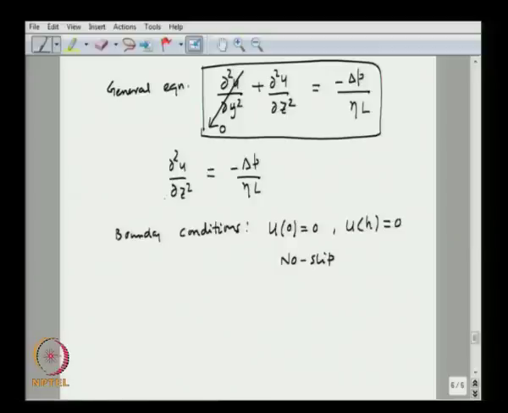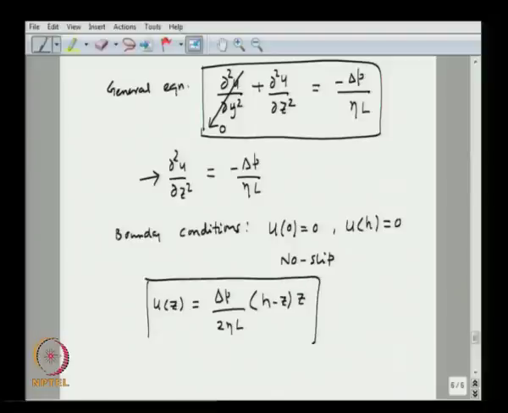So, using that, if you apply these boundary conditions on this equation, we can get an expression for the velocity which will be a function of the z, delta p over 2 eta L into h minus z into z.